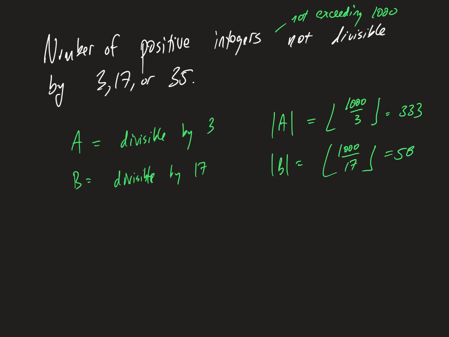And then if we look at the intersection, so divisible by 3 and 17. Well, these are relatively prime, and so this cardinality is just the floor of 1,000 divided by 3 times 17.